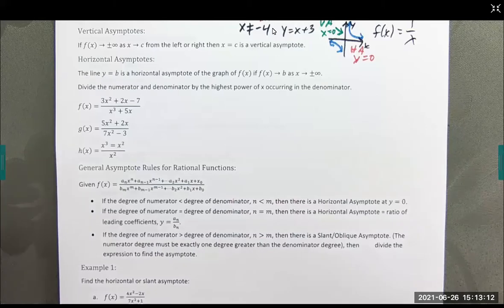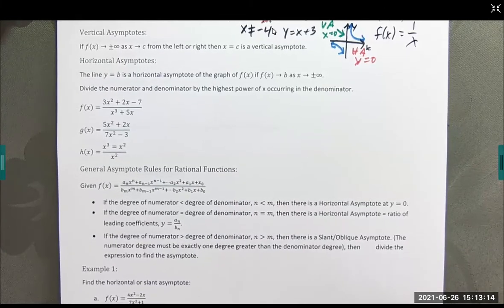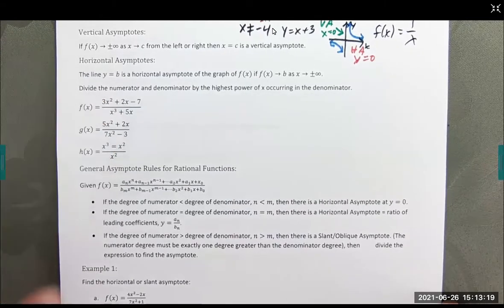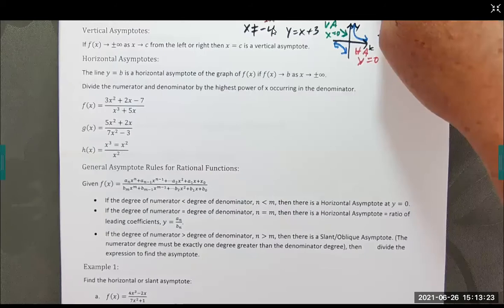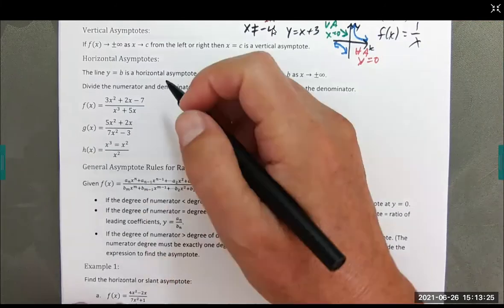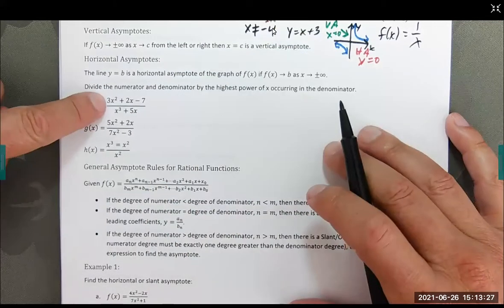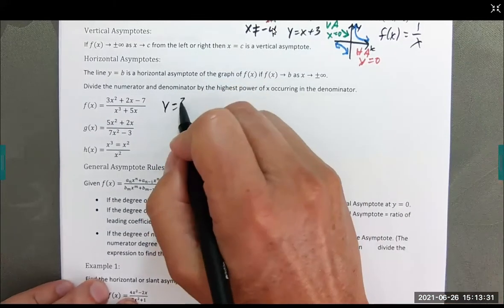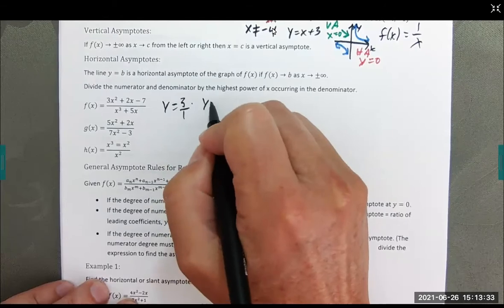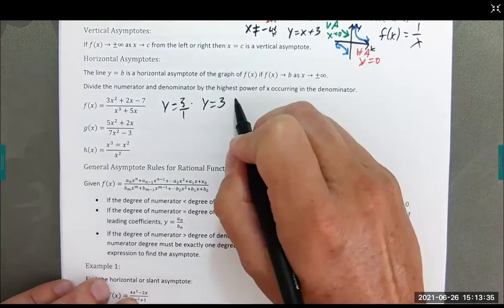However, I do want to apply that to these 3 examples here. You see the degree is the same here. That means there is a horizontal asymptote at the lead coefficients, 3 over 1. So y equals 3 over 1, or y equals 3.